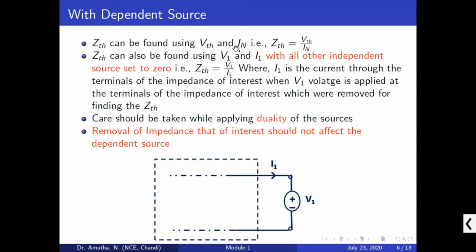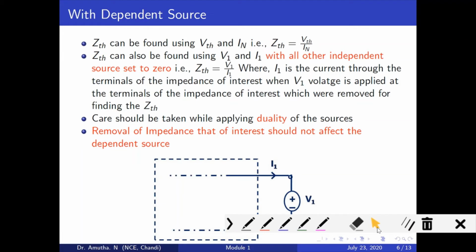And here the only thing to be considered in excess to the superposition theorem is that Z Thevenin we have to find in a different way while considering the dependent sources. In case of independent sources alone, we have removed all the independent sources and then tried to find Z Thevenin.